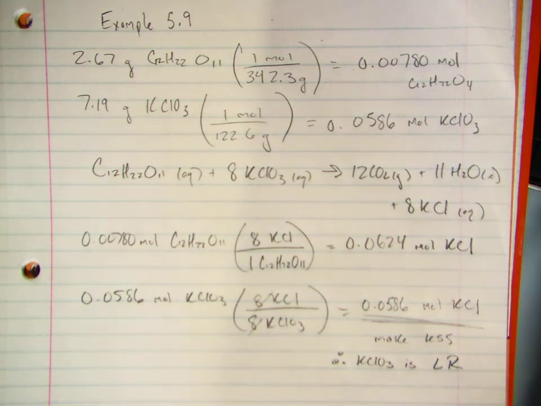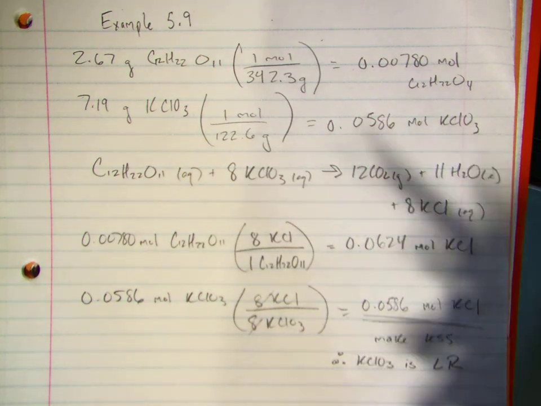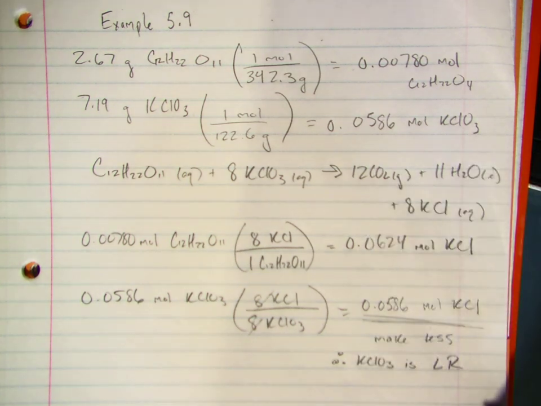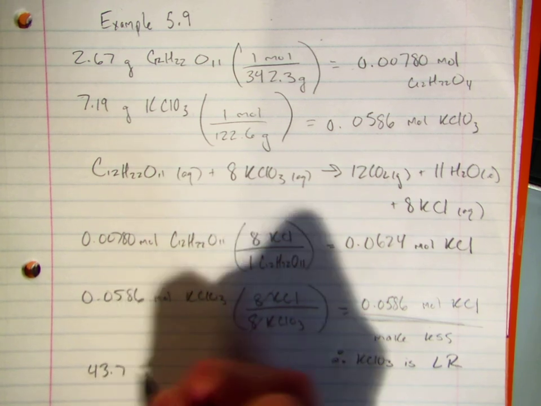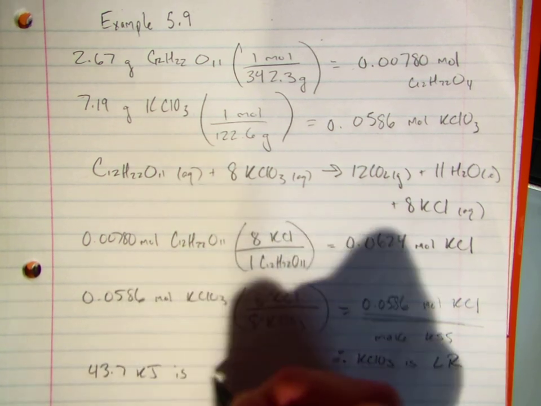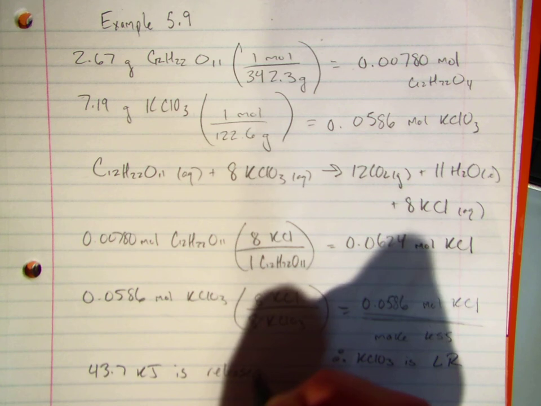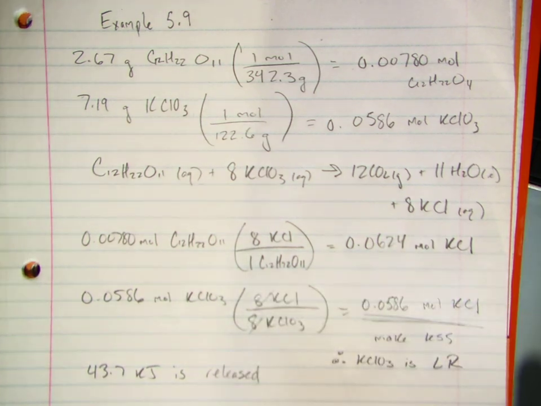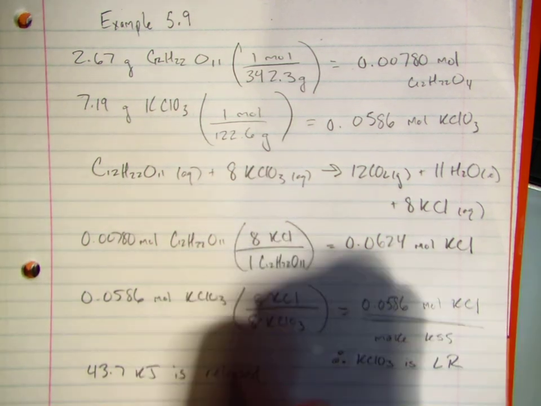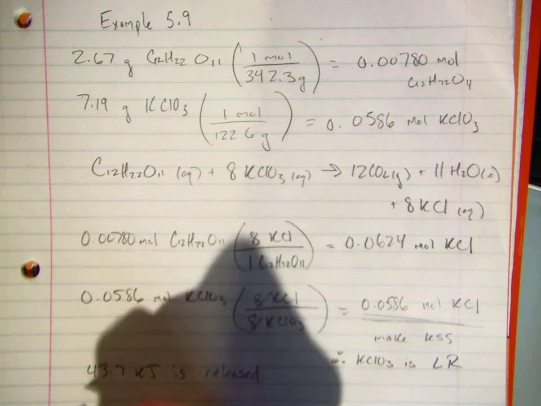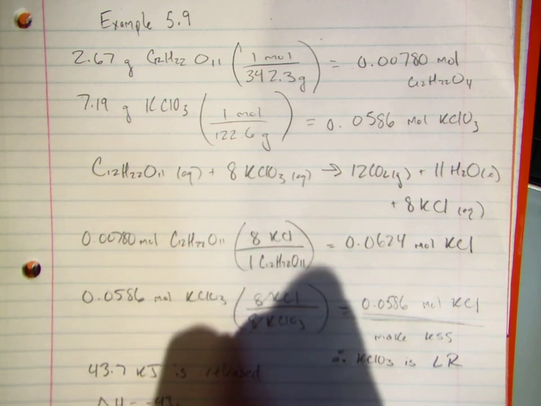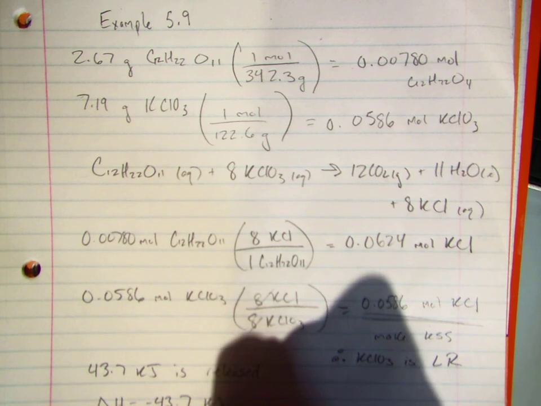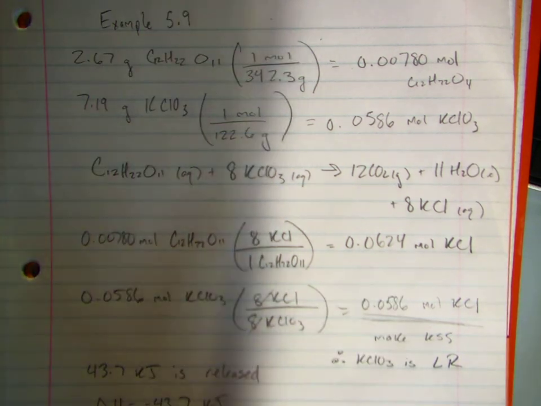Okay. So now the question tells me 43.7 kilojoules is released, which means that if it's being released, the reaction is exothermic. Delta H is equal to negative 43.7 kilojoules, negative because it's exothermic.